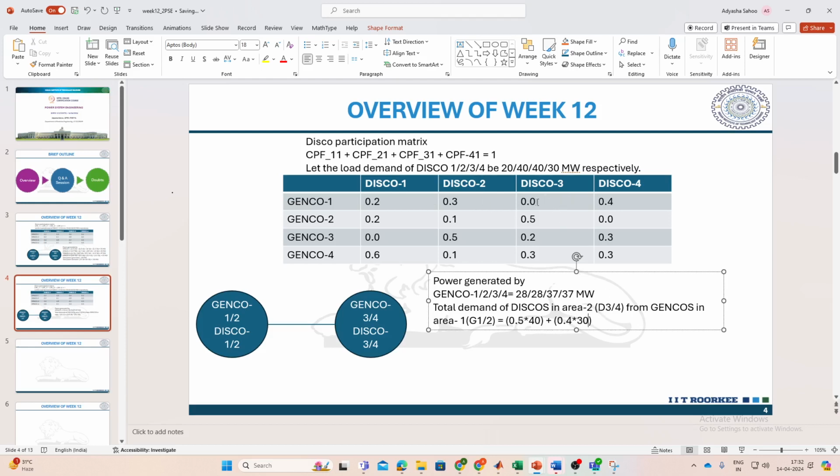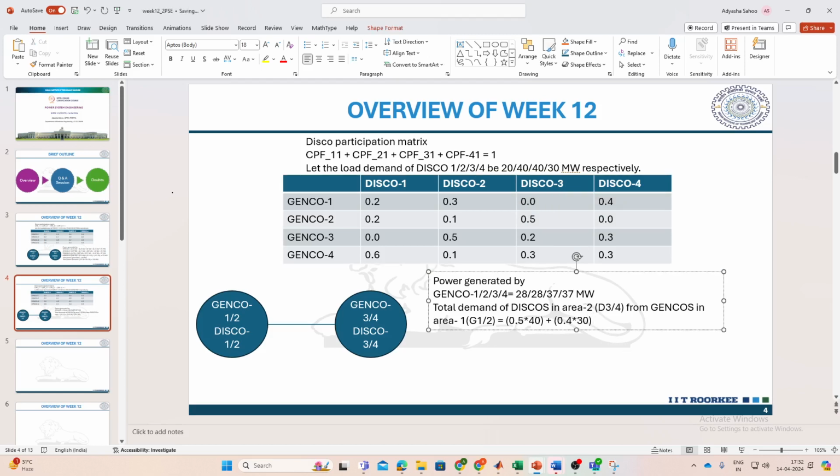So basically we need to see this part, this transaction between DISCOs in area 2 and GENCOs in area 1. So this is this part, DISCO 3, 4 and GENCO 1, 2. DISCO 3 is taking 0.5 of its demand, that is 40, from GENCO 2, and DISCO 4 is taking 0.4 of 30 from GENCO 1.